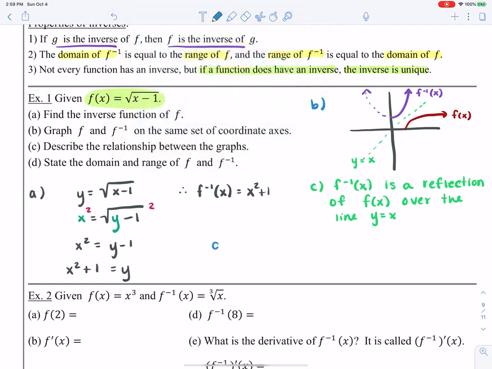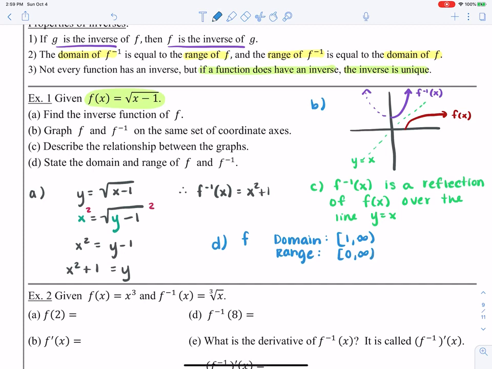So in part D, it asks us to state the domain and range of f and f inverse. So important. Starting with the function f, which is our original function, f has a domain that is defined from 1 to infinity only, and its range is defined from 0 to infinity.